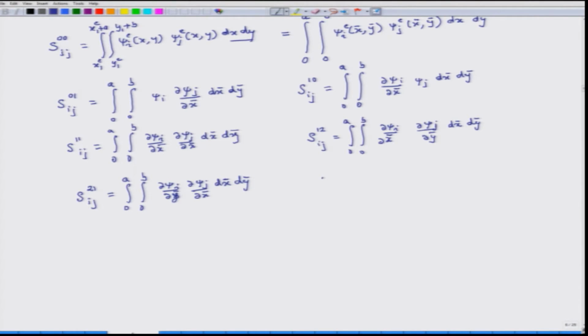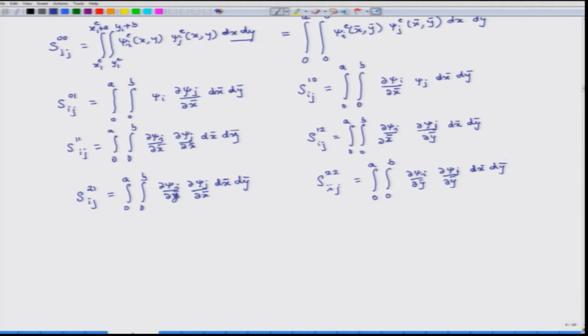And finally, S22 ij, that equals the integral of partial of psi i with respect to y bar, partial of psi j with respect to y bar dx bar dy bar.